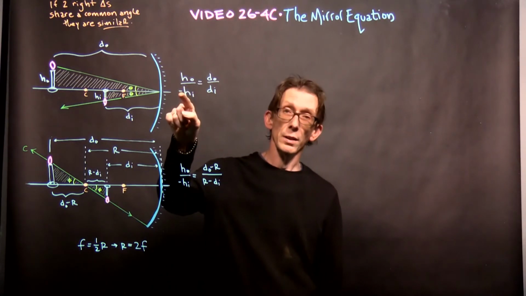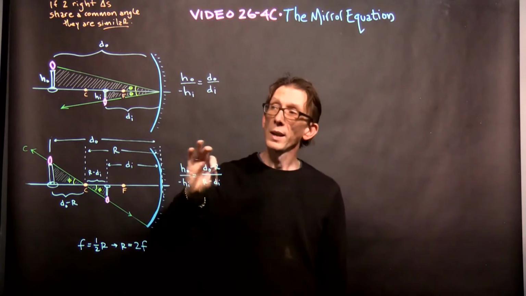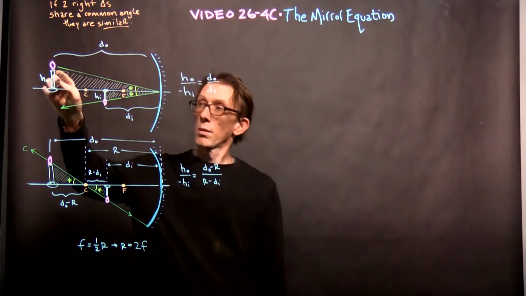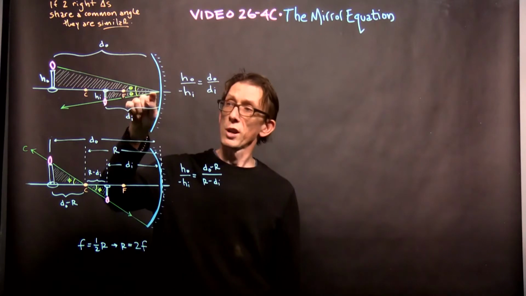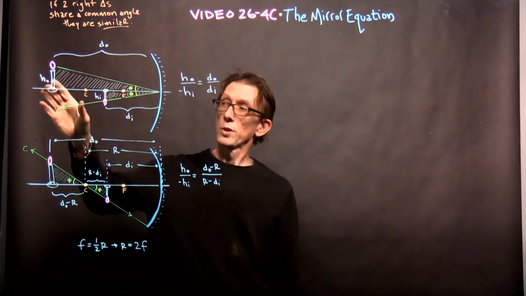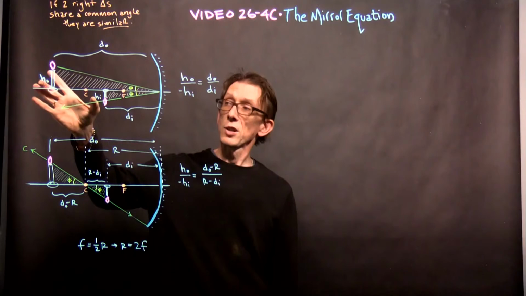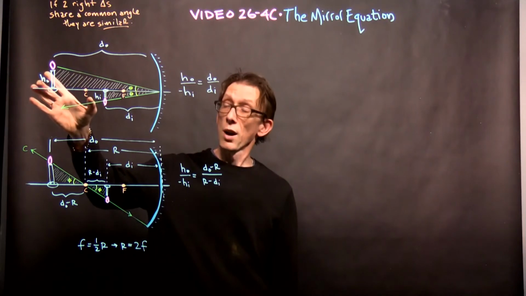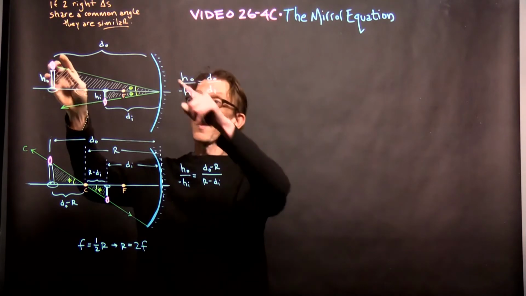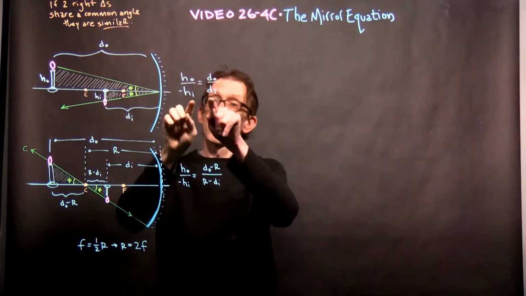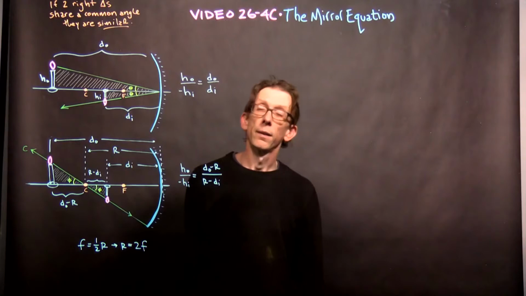That's why the negative sign there. Again, similar triangles. The shaded triangle on top is similar to the smaller shaded triangle on the bottom, which means the ratio H0 to negative HI is the same as D0 to DI. That's what you learn from that ray.